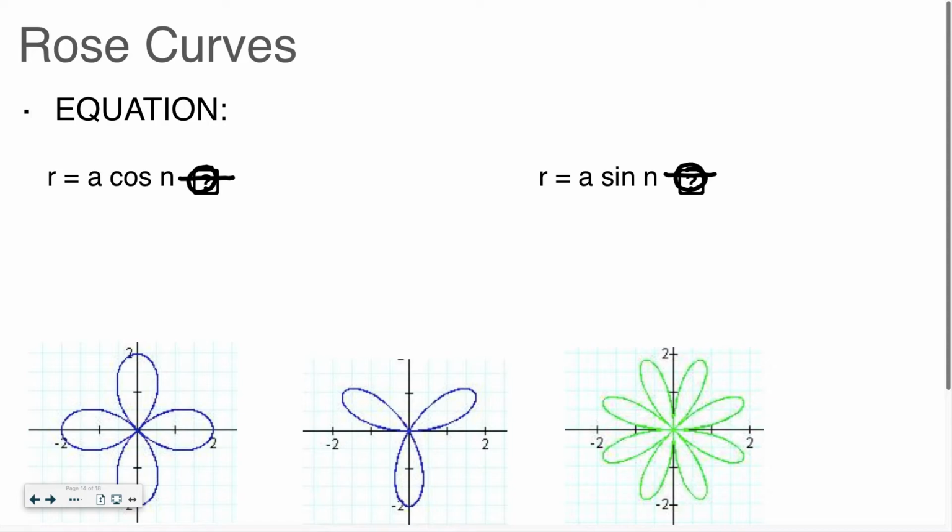Okay, rose curves. How come this one doesn't get as cool a name as the other ones? Maybe it's because they look like daisies. We should rename them to a better name.